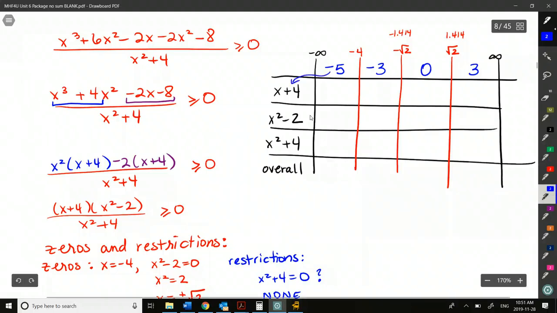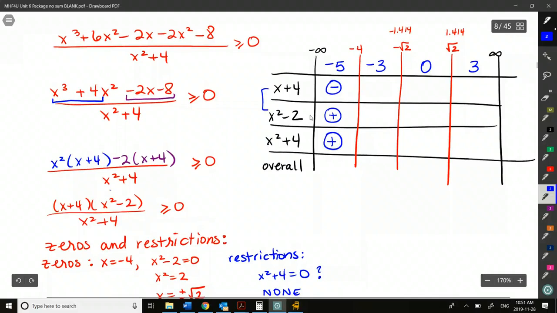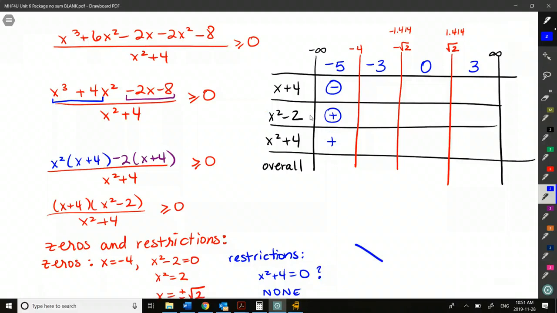So here, I'm going to plug this into each thing on the left-hand side. This gives me a negative. This one's going to give me a positive, because I'll have 25 minus 2. And this one will give me a positive. So when I do a negative times a positive on the top here, I get a negative. And then we divide it by a positive. So that gives me overall negative.